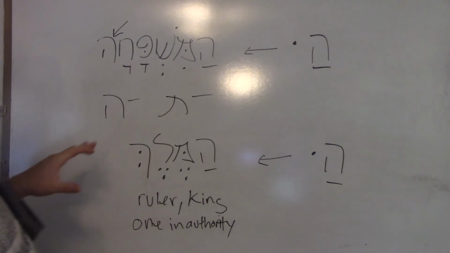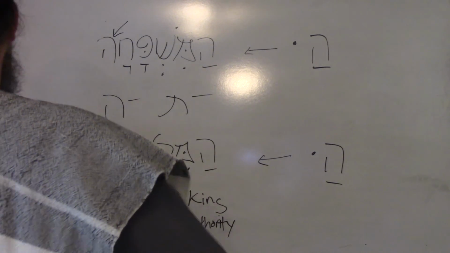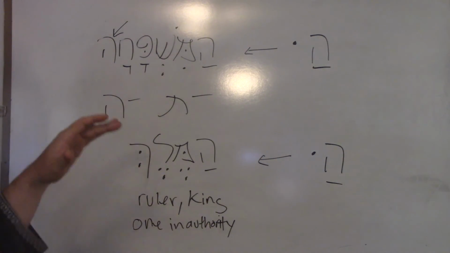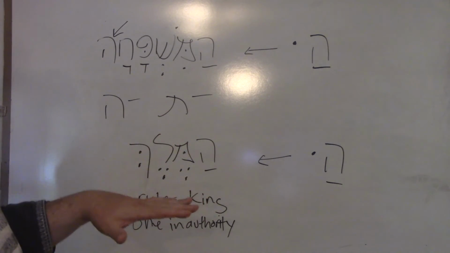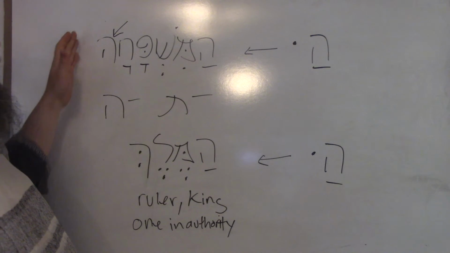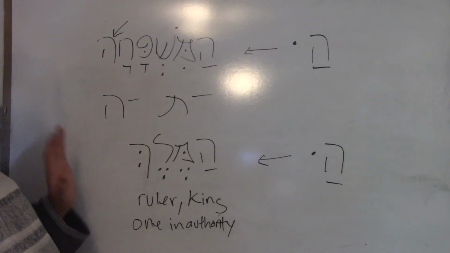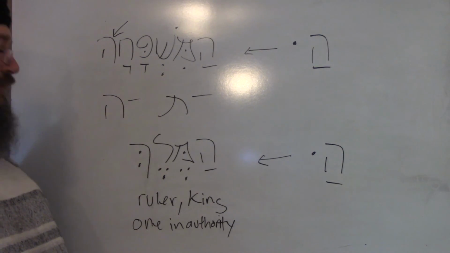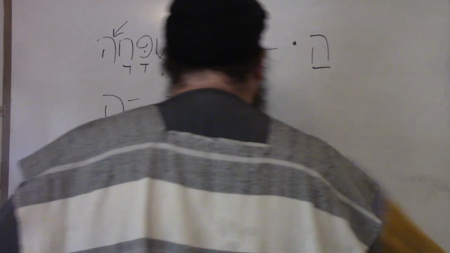And so we can start taking our sentences and making our nouns from indefinite to definite. Instead of a family, it's ha-mishpacha, the family. Instead of a ruler or a king or a person in authority, we say ha-melech, the king, the person in authority, the ruler.